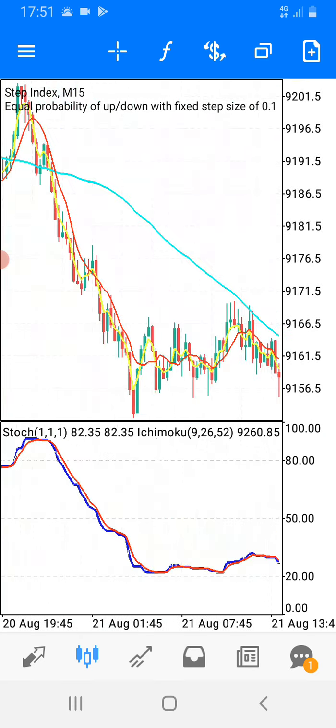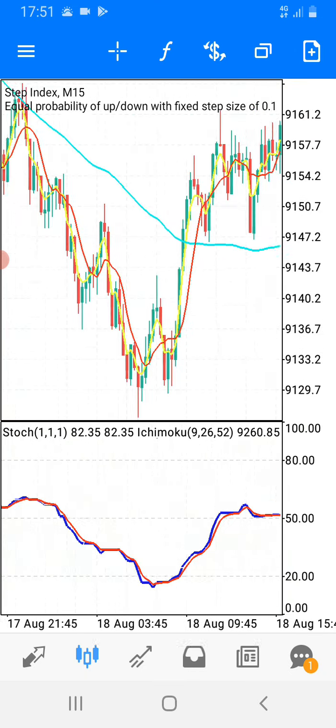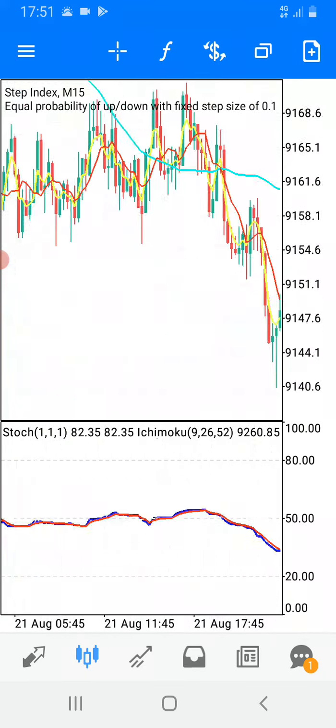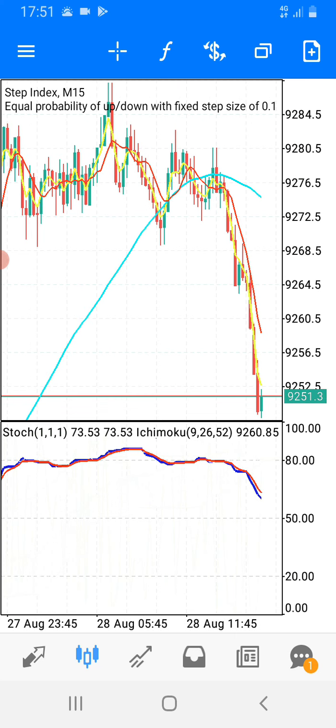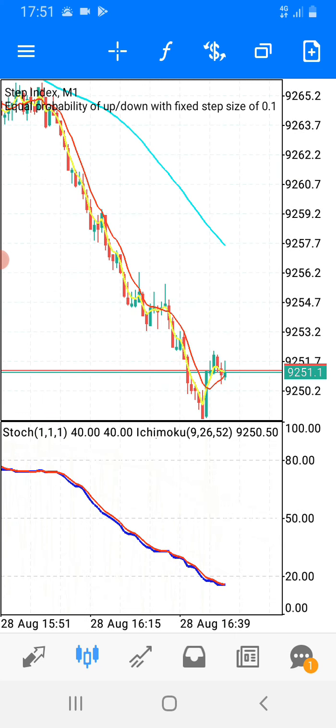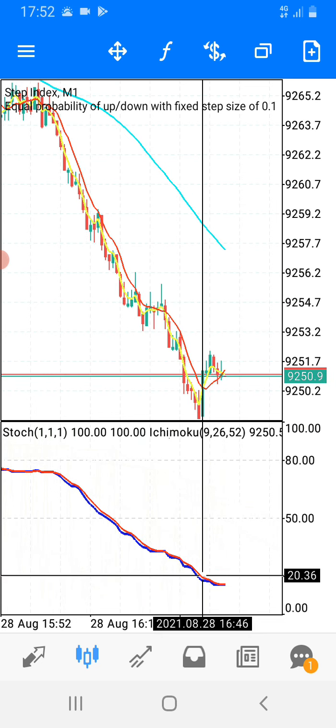So guys, check out many more examples for the strategy. It works. So this is when you should take profit, just as you see on my very own trade. I took profit as soon as it was at the 20 level. You understand?